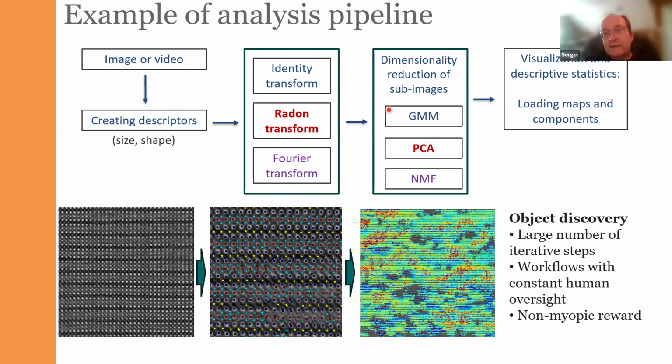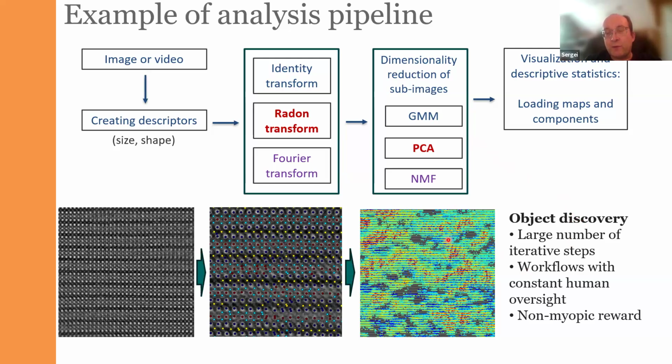In this case, I've shown a simple workflow. Practically, we very often will do the clustering in order to separate the different atomic types, and then we will explore clusters one by one. So it can actually get to 5, 10 steps very easily. What's the problem? The problem is that in this case, the reward is actually non-myopic.